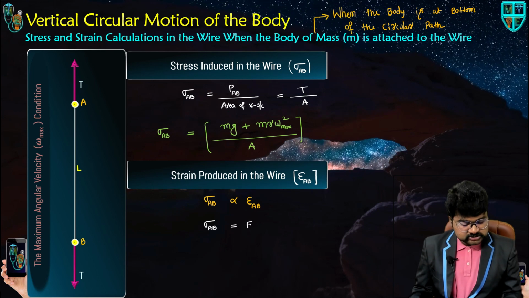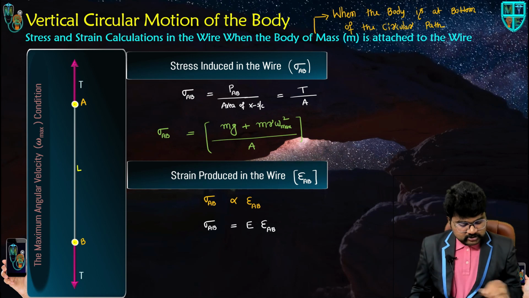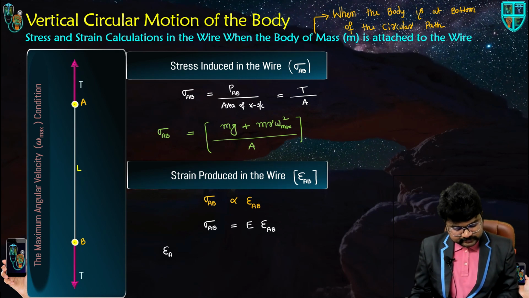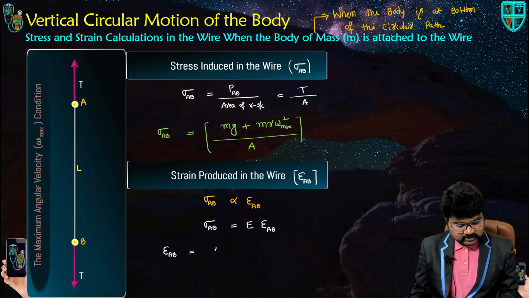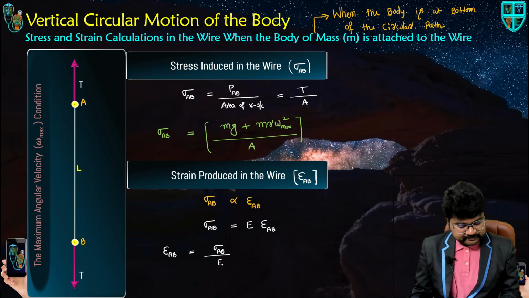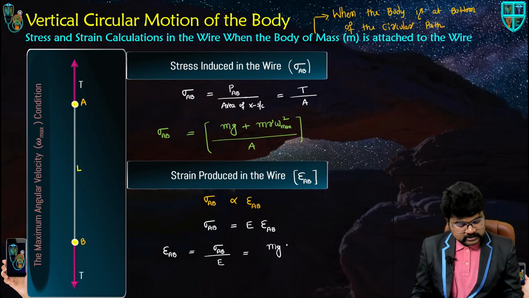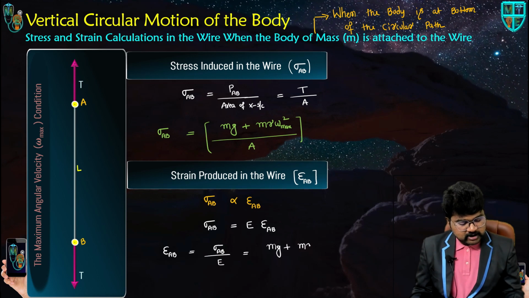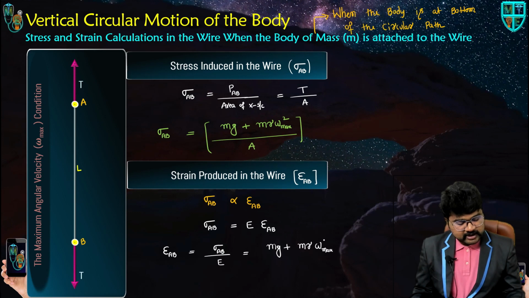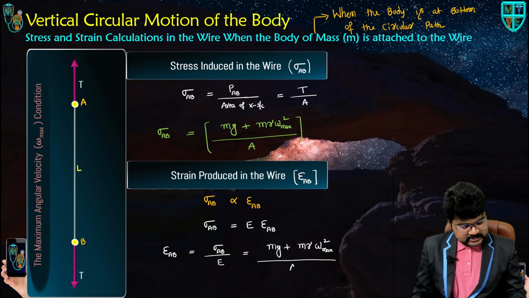You can write finally epsilon AB equals sigma AB by Young's modulus E, which equals mg plus m r omega maximum square by AE.